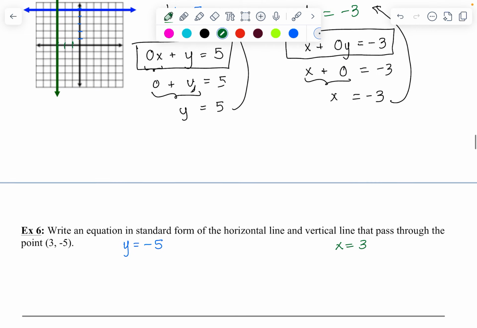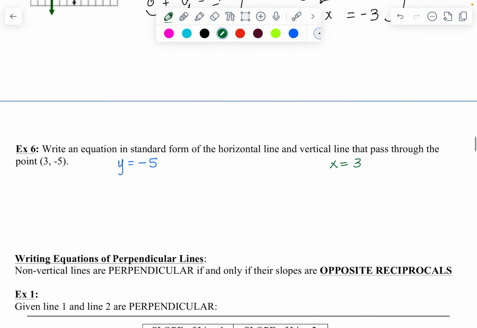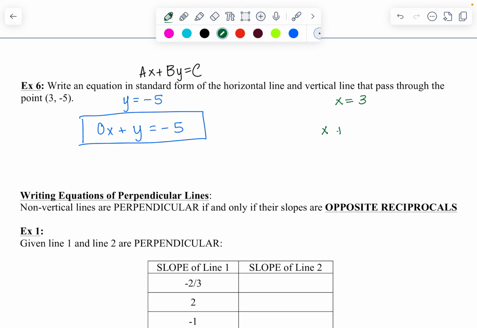So just like what we did in example 5, we're going to do the same thing in example 6. Here we have a 0x plus y is equal to a negative 5. Standard form. Remember, standard form is ax plus by is equal to c. And over here we have x plus 0y is equal to 3.